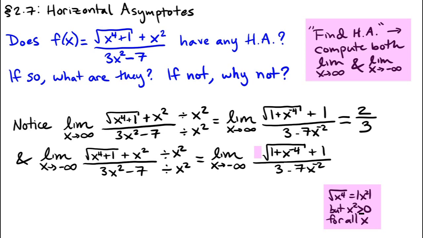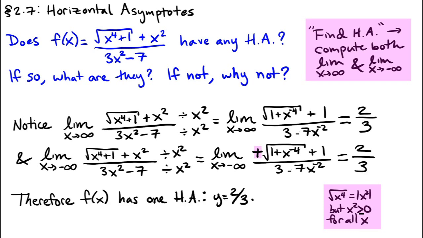But unlike x, x squared is always positive. So we still get plus the square root of 1 plus x to the minus 4th. It's actually the same as when we took the limit as x goes to infinity, and we still get 2/3. Then we conclude that f has one horizontal asymptote, y equals 2/3.